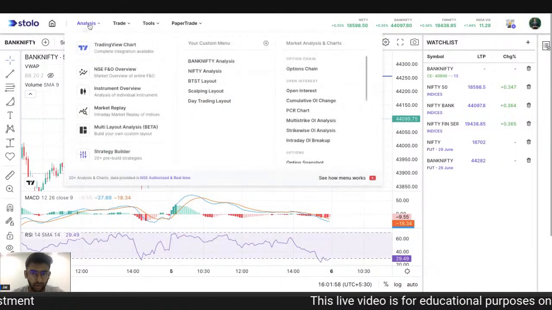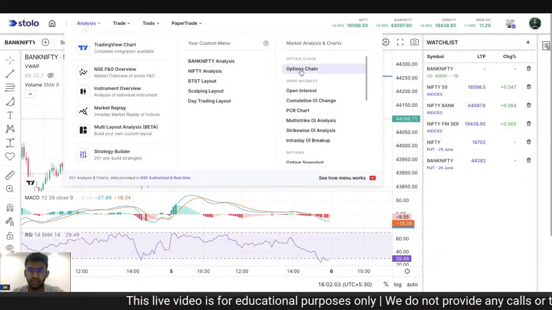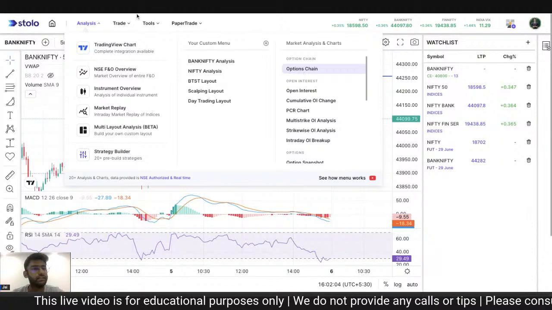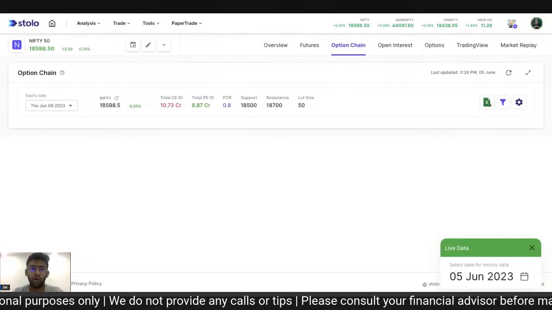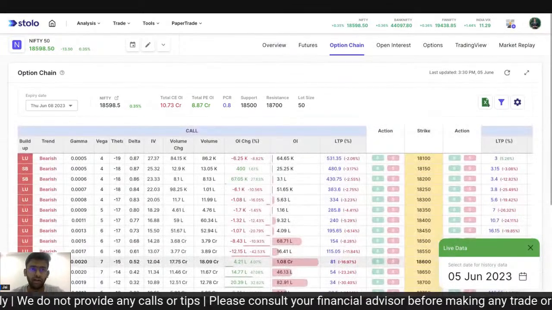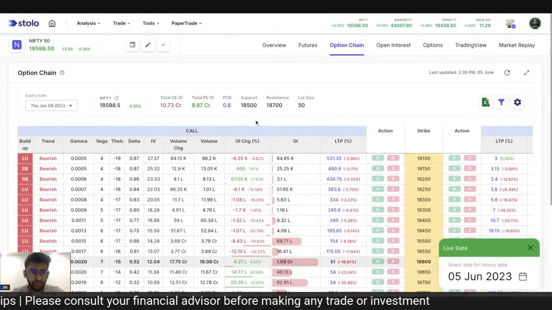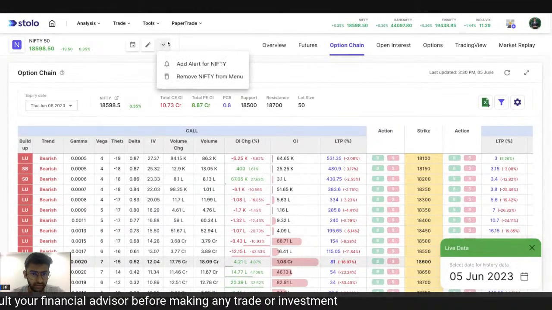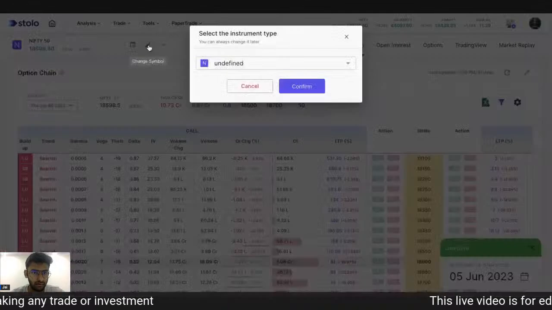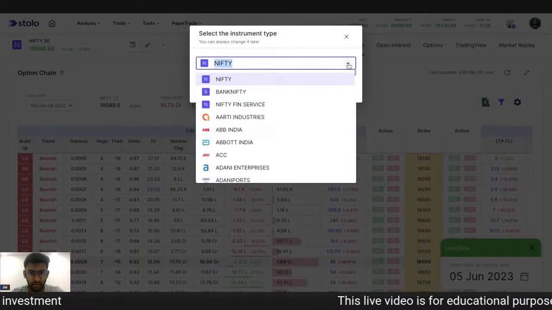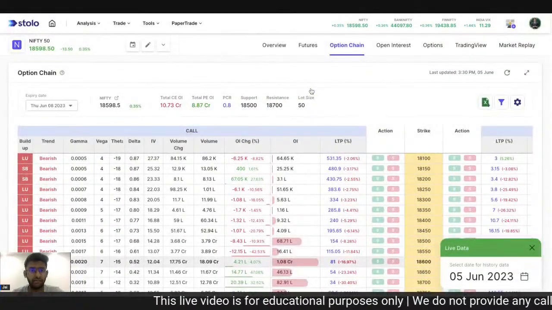So we'll quickly come into the option chain for Bank Nifty and see how the OI exactly changed during the whole day, right? So that we understand what exactly happened in the market as well. Let me just change this to Bank Nifty.